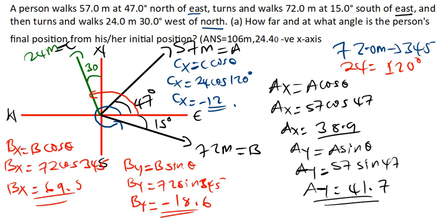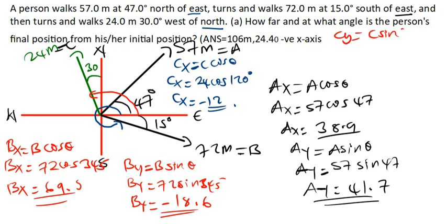Next, I'll go to Cy, the y component. Cy will be C sin theta. My C is 24, the angle is 120 degrees. So Cy will be 24 sin 120.